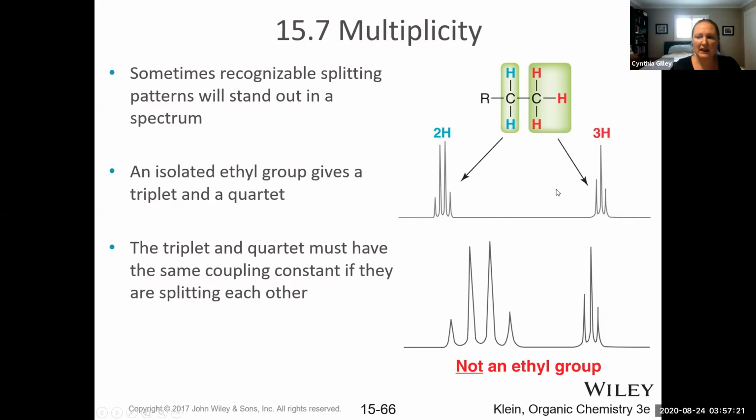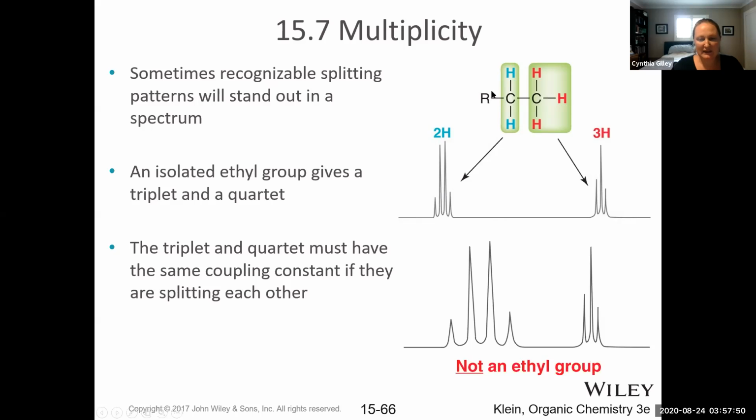The only thing I don't like about this picture, and I would change, is that if this quartet integrates for 2 hydrogens, and it's split into 4 peaks, it should be a lot smaller than the triplet that integrates for 3 hydrogens and is only split into 3 peaks. So it's just relative size; kind of shrink this quartet or grow the triplet so that it would appear more as it normally would in a spectrum.